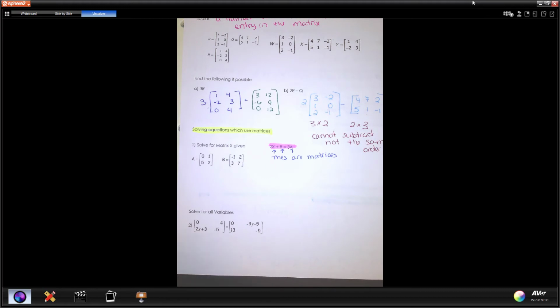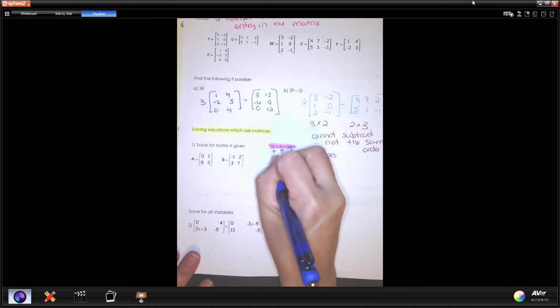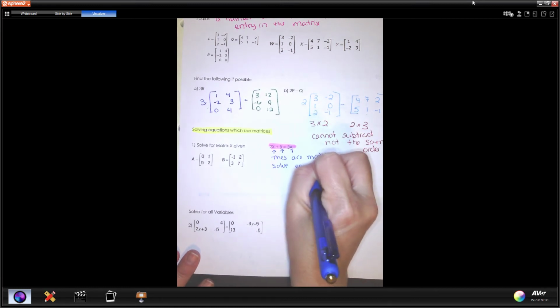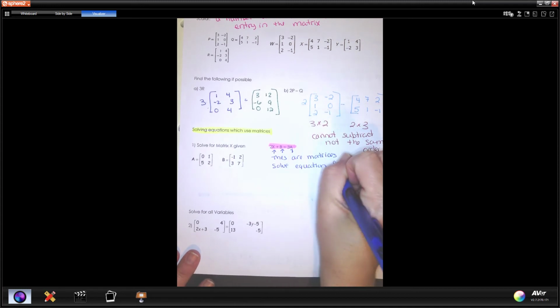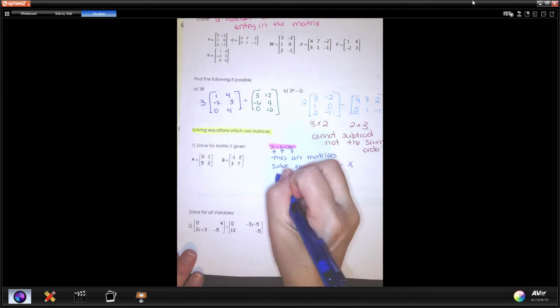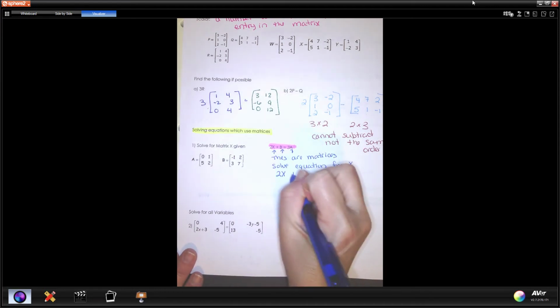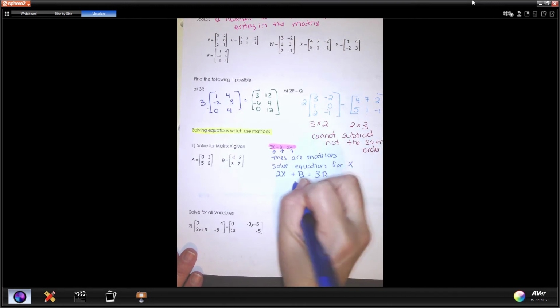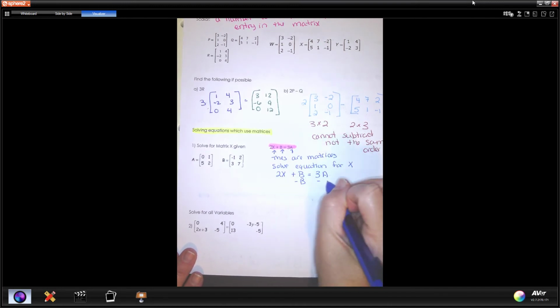So first thing, solve the equation. That is telling us we're going to look for matrix X. So we're going to have 2X plus B equals 3A. We are going to subtract matrix B from both sides.